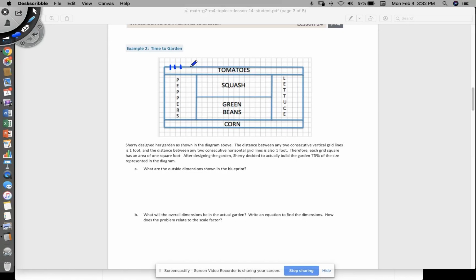1, 2, 3, 4, 5, 6, 7, 8, 9, 10, 11, 12, 13, 14, 15, 16, 17, 18, 19, 20, 21, 22, 23, 24, 25, 26. So that's 26 units. So I'm going to say my length is 26 units.